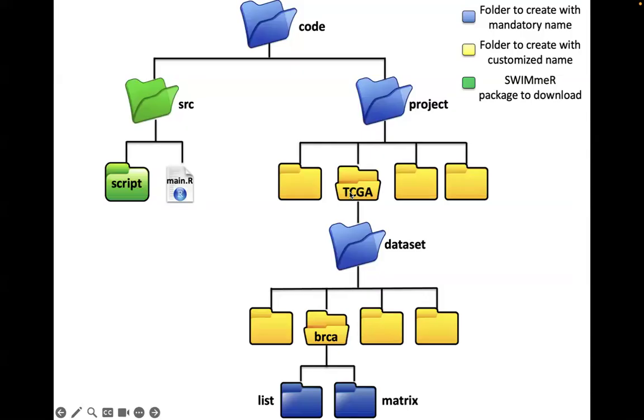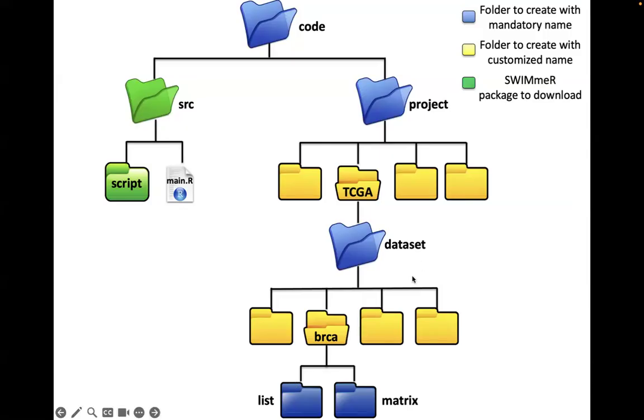For each project, you have the folder dataset in which you can put all your datasets. And then for each dataset, you have to create two folders named list and matrix in which you can put your matrix and the list of your samples.